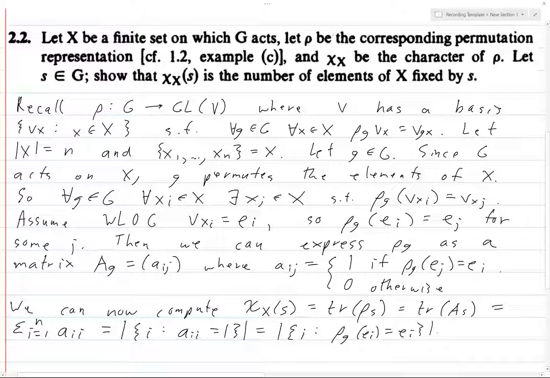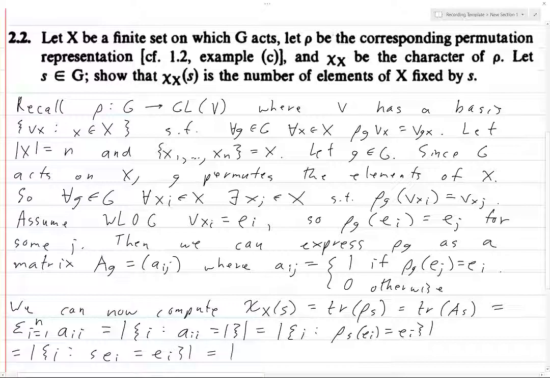Because we know how this linear representation acts on the basis elements, this is precisely the number of indices i such that s of e_i equals e_i.